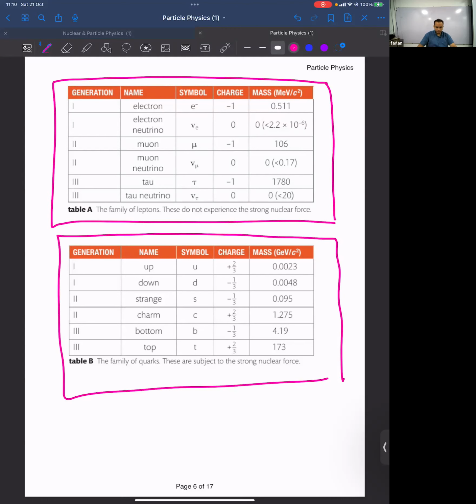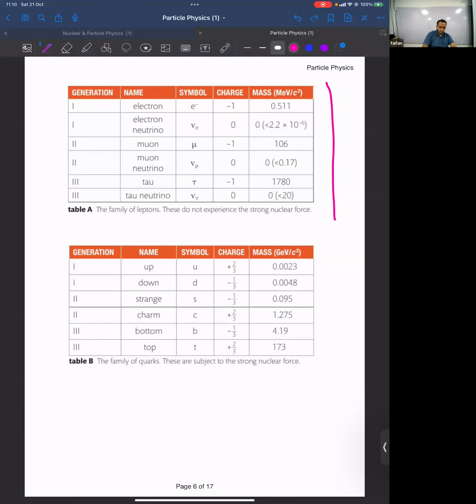What are these? The first table, table A, gives you the family of leptons. These do not experience a strong nuclear force. So what are the leptons? Electron, electron neutrino, muon, muon neutrino, tau, tau neutrino. Look at their charge.